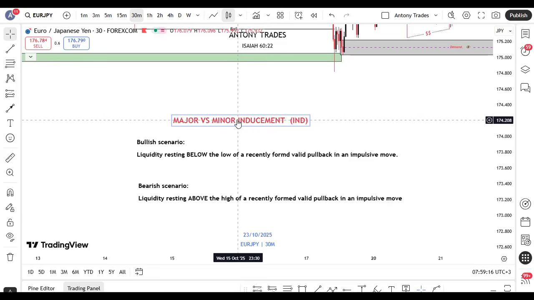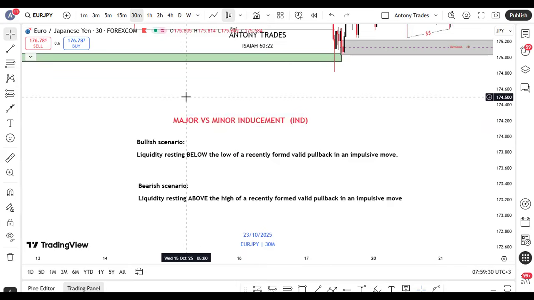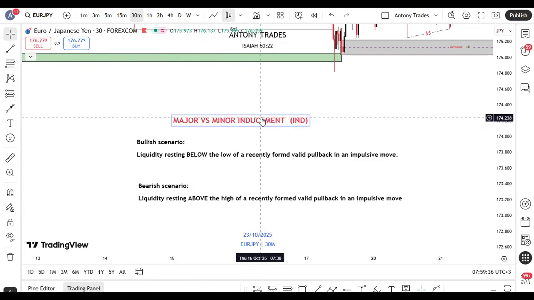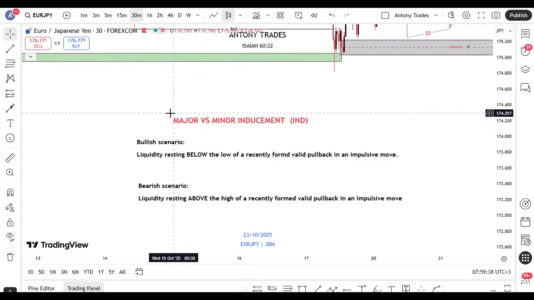So I believe at some point when you are learning trading, this is not the first time that you have heard the word inducement. Now the question is, what do you understand by the term inducement? For me, in my simple definition, inducement simply means a trap.